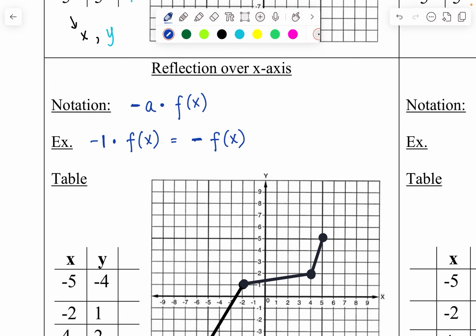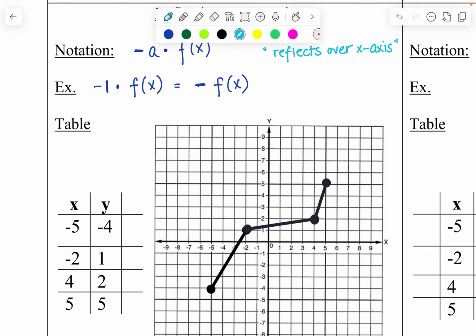Absolutely not. You can just simply put a negative sign in front of your parent notation f of x and call it a day. So when we go to describe in words what this is, you're going to write reflect over x-axis. Okay, so what does that mean for our table?